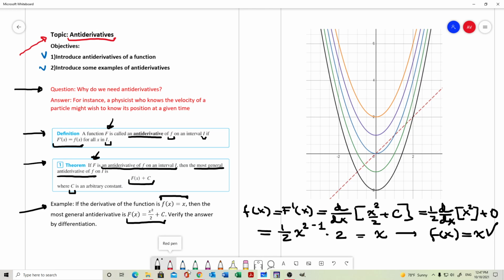And certainly the constant C can be any number. C sub 1 equals 0, that's the blue curve. When constant C equals positive 2, that's your orange curve.